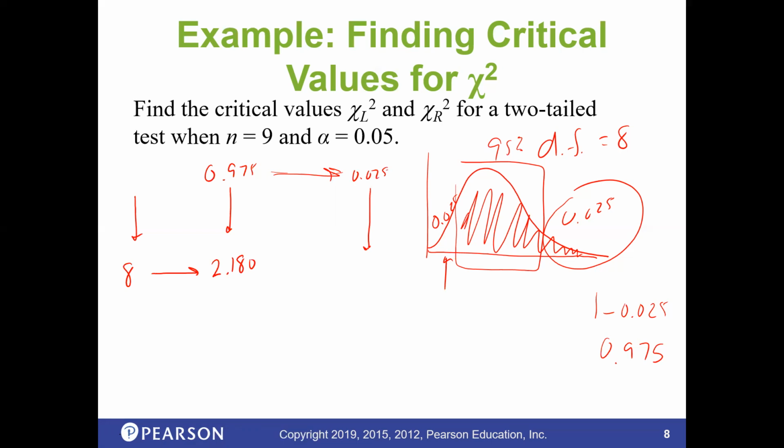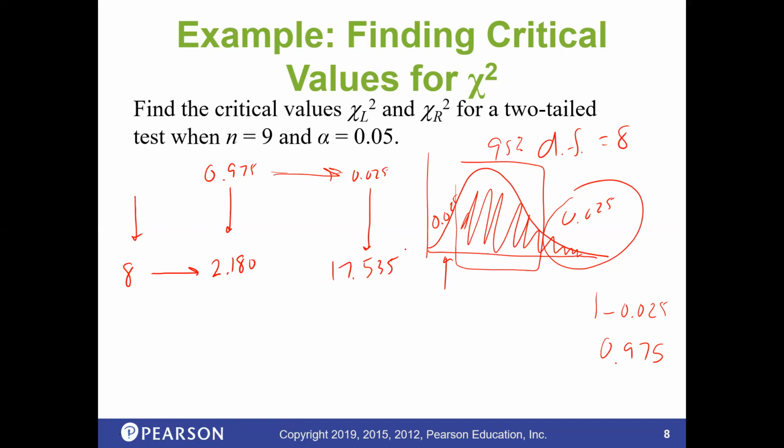Look down for 8 again. What do we have there? Something about 17. Perfect. Again, thumbs up if you got both of those.